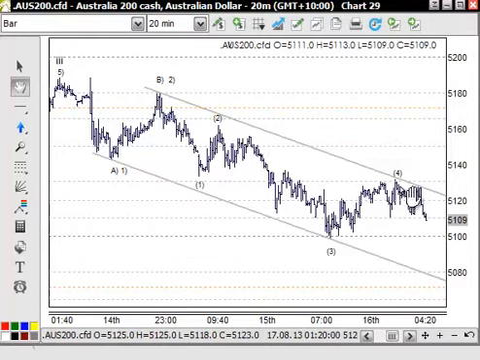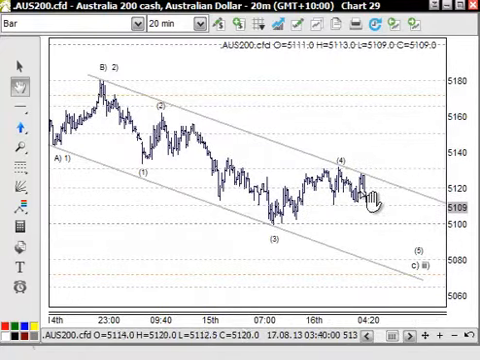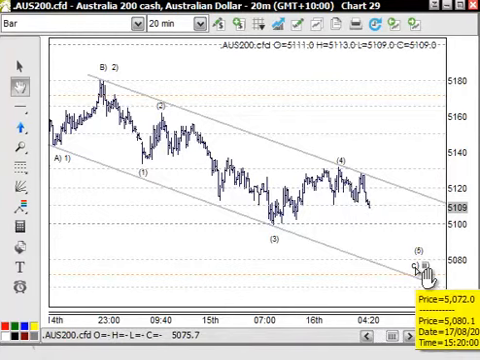So we've got the 4th here, overlapping wave structures. So we should see a new low in here. But all it needs to do is show us 5 waves down here into this area. As long as it doesn't breach this on the cash, then we can see this as being an A wave, a B wave, and a C wave here, and finishing and then moving up from there.